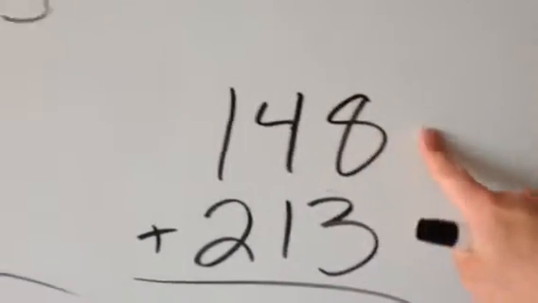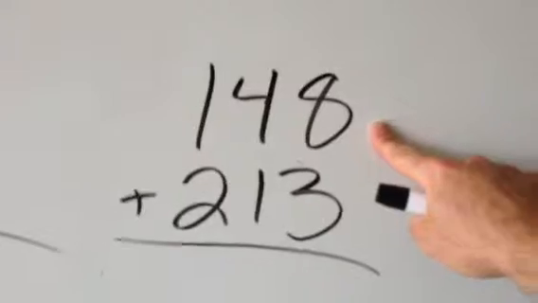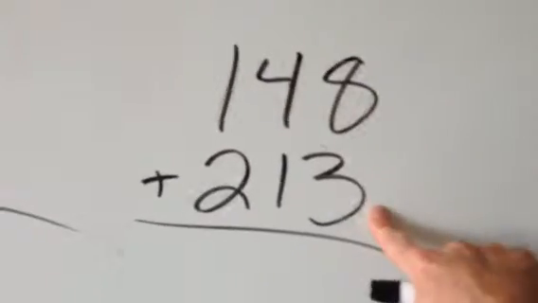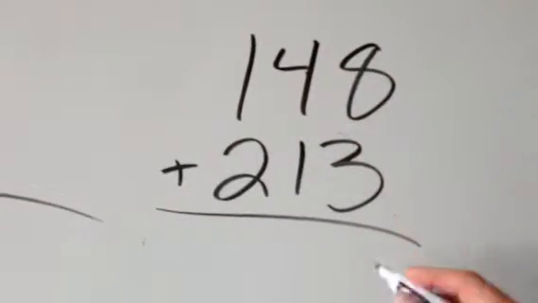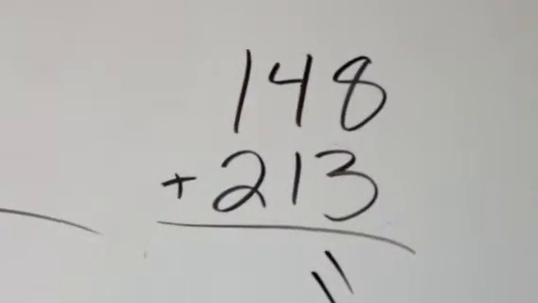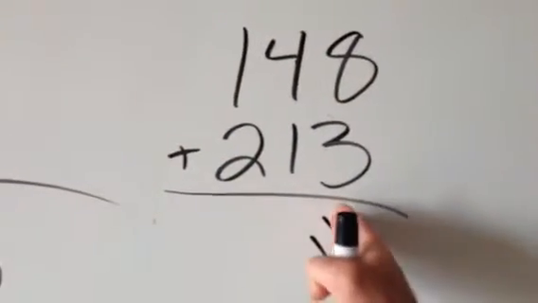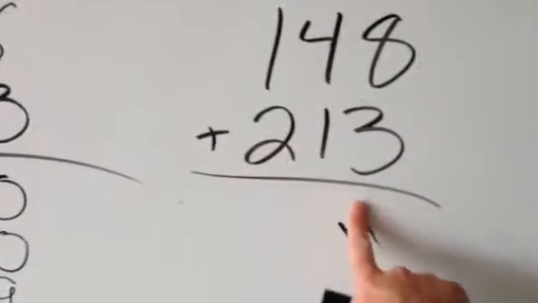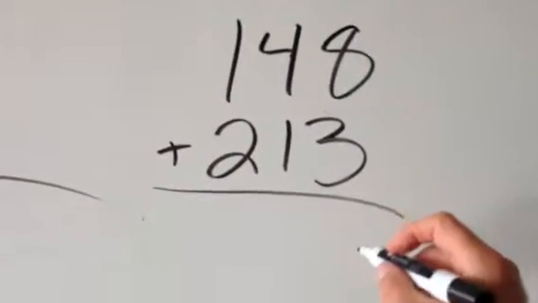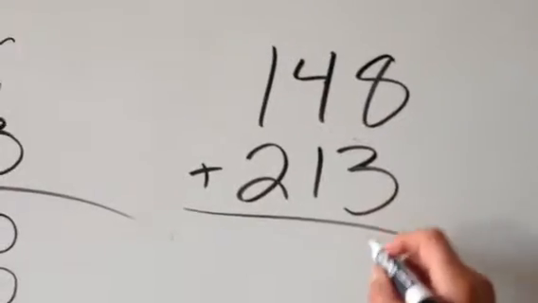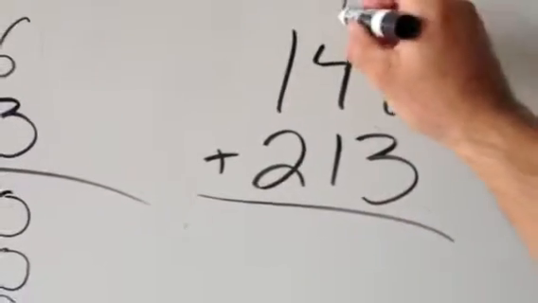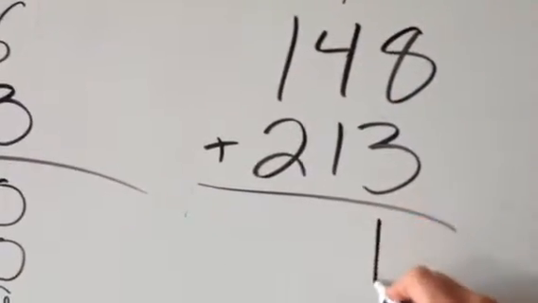We start with our singles, and it really revolves around our basic facts. So 8 plus 3 is 11. You can't write an 11 like this because you have 11 ones. Once you get to 11 ones, you're out of your 1s and you're moving into your 10s. So when you hear about bringing over, you're really bringing over a 10 and leaving a 1.